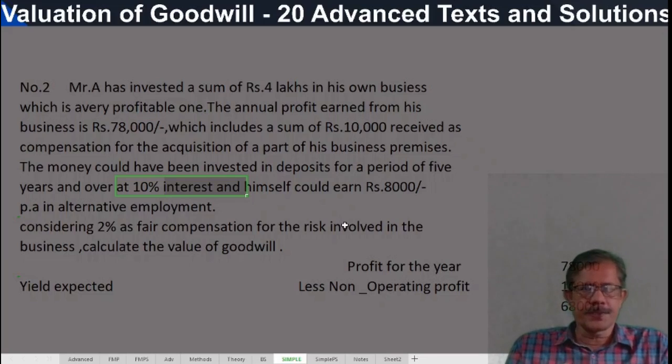Pure bank interest plus 2% as fair compensation for the risk involved in the business, the risk taken. When the business risk increases, return also increases. When the risk decreases, return also decreases.